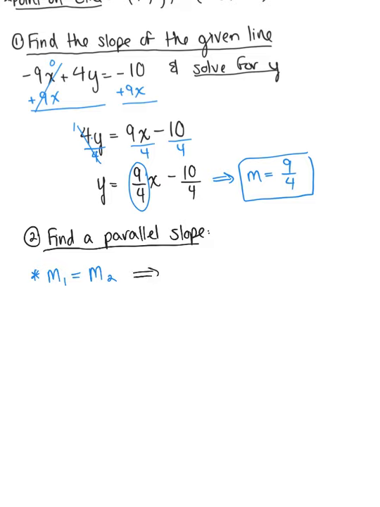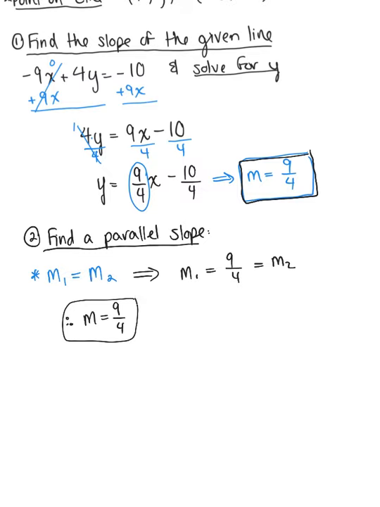So since we know that the slope of the given line is 9/4, this has to be the slope of the new line as well. So we can even just say we'll use the same slope. So now we have the slope of the new line and a point that the line must pass through, and we're ready to find the equation of the new line.